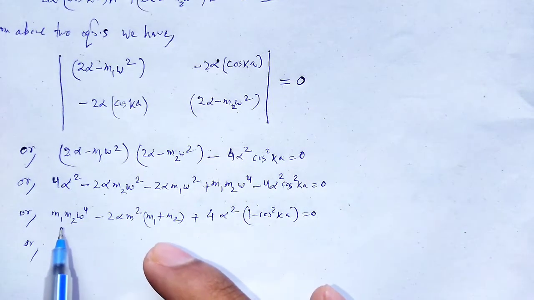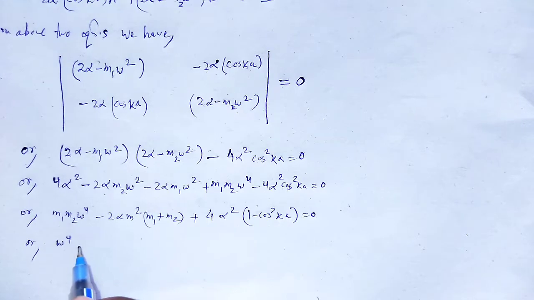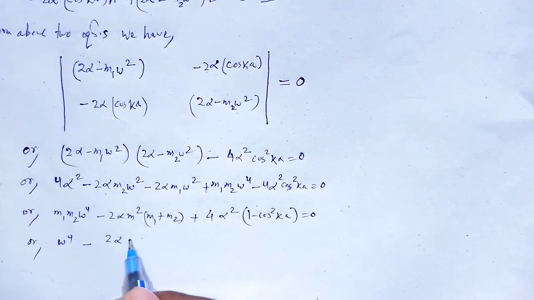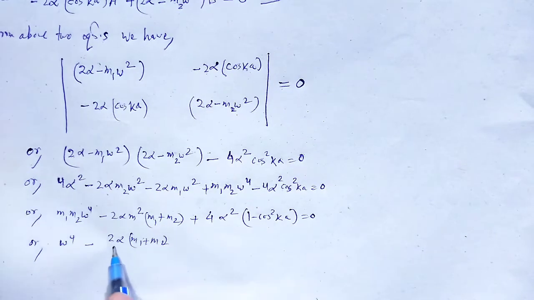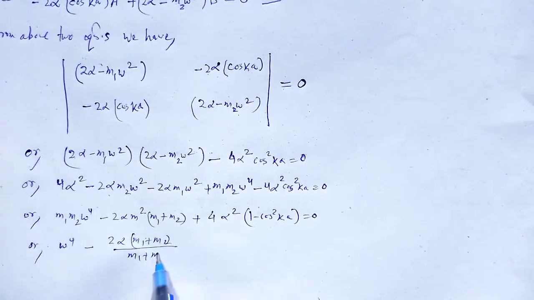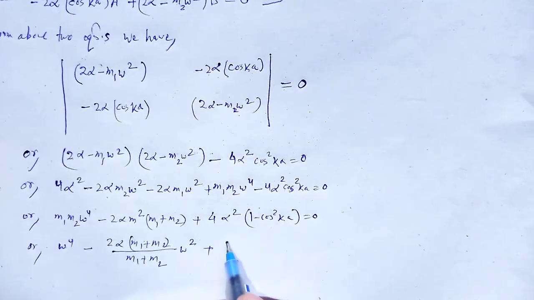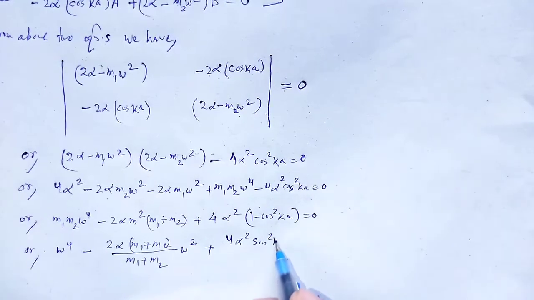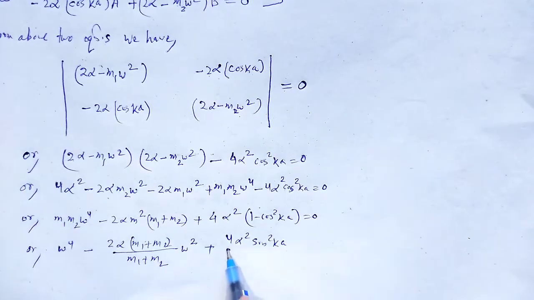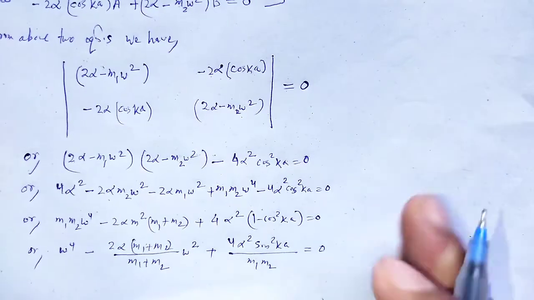Dividing by m1 and m2 on both sides, we obtain omega fourth minus 2 alpha (m1 plus m2) divided by m1 m2 times omega square, plus 4 alpha square sin square ka divided by m1 m2, is equal to 0.